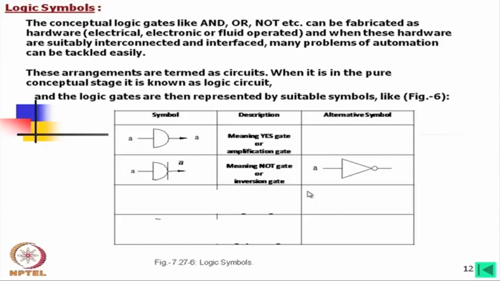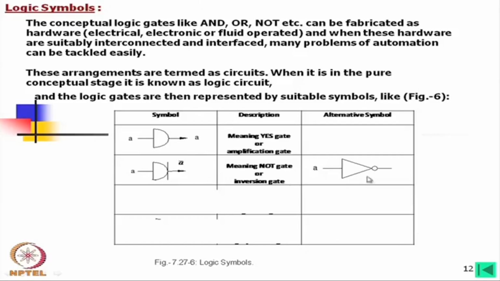Say, for example, we would like to achieve some performance. In that case, what should we do? We should first make the logic circuits, then we will think of whether we should go for a fluidic device or an electronic device. You may find that in fluidic devices also this type of circuit is sometimes used.